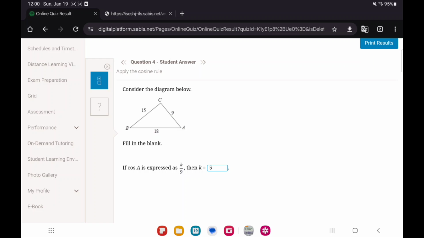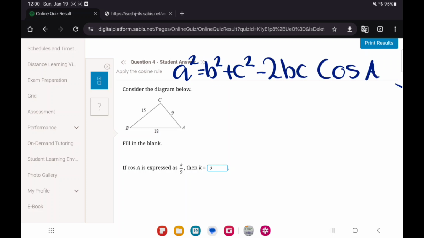Okay, we also use the cosine rule for this, so let me just write it up again here. But here they're trying to trick you. They aren't asking for A squared, they're asking for cosine A, okay? So we're gonna shift it around, but if you don't know how to shift it around, just memorize it, okay?